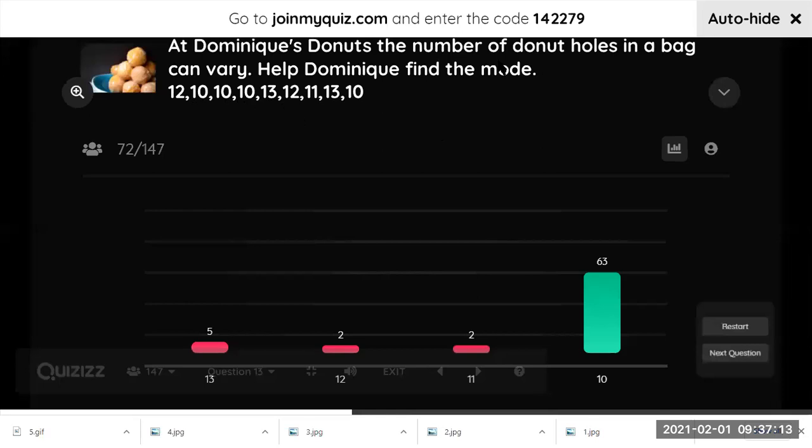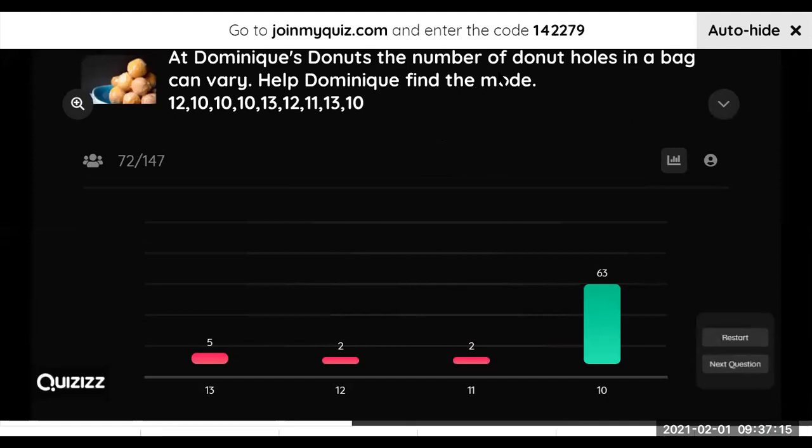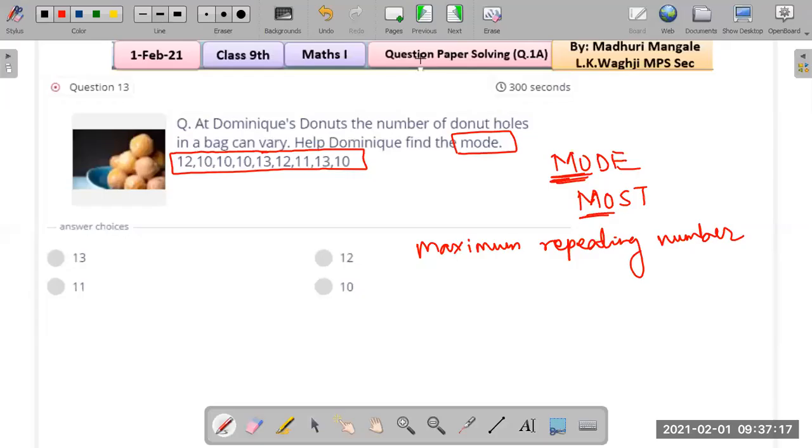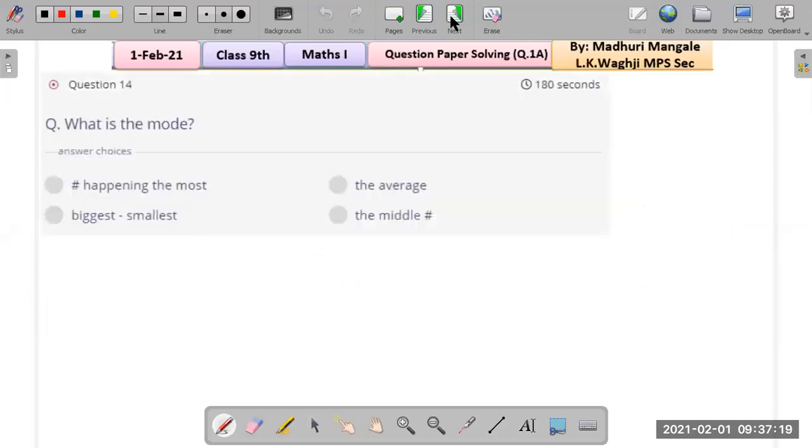Maximum repeating number. Okay. And again, go back to the Zoom page. Here you will be able to see question number 14. Read the options carefully. The question is, what is mode? Just now we have discussed what mode is. Concentrate on the spelling.